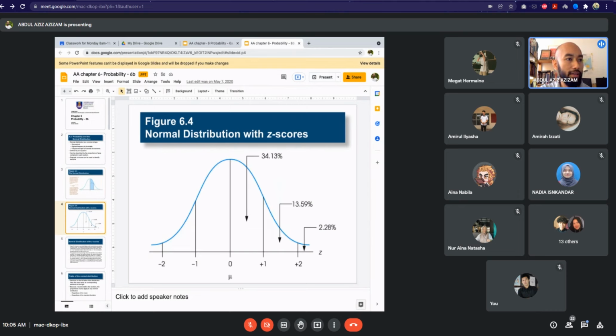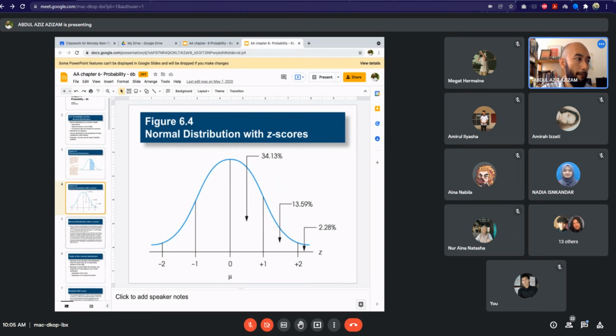Kalau di ujung ni 2.28%, di tengah sikit ni 13.59%, di antara ni 34%. Ini adalah normal distribution untuk z-score. Area yang itu dah orang nak kira dah. Jadi kita tengok dekat table saja.